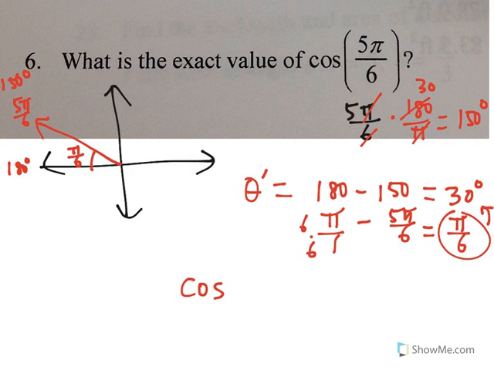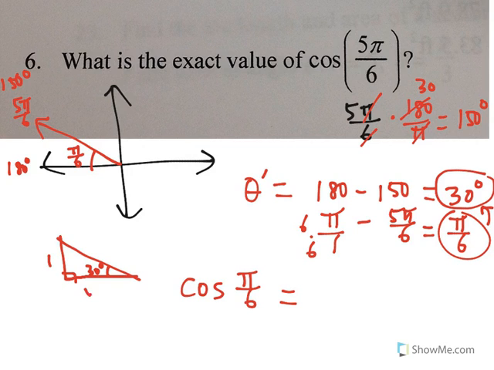So since we're looking for the cosine of 5 pi over 6, we can find the cosine of the reference angle, which is pi over 6. And since we know that pi over 6 is actually equivalent to 30 degrees, we already found it here, we can draw a 30, 60, 90 degree triangle and actually draw the ratio of the sides.